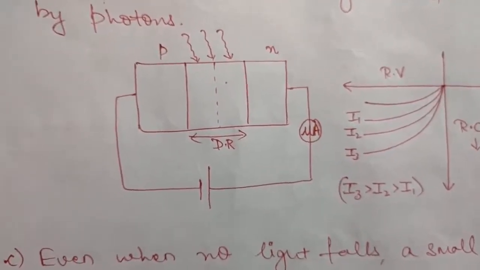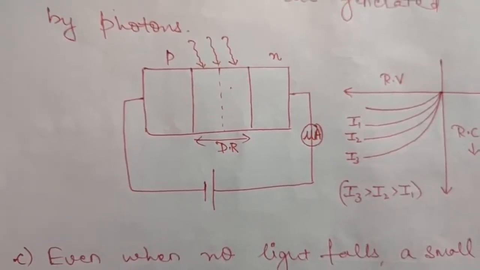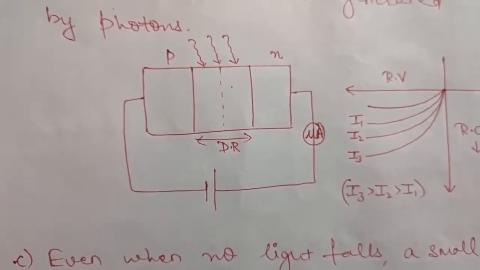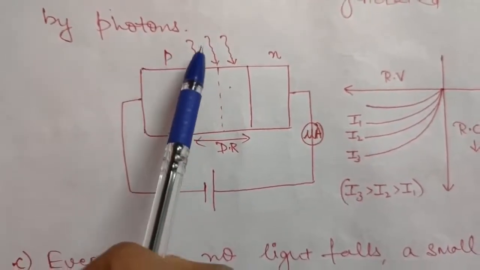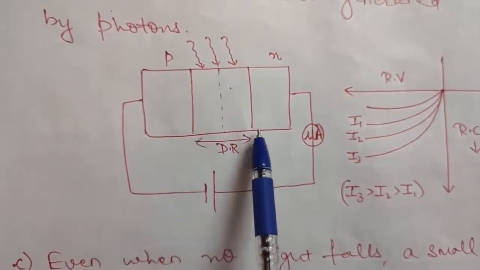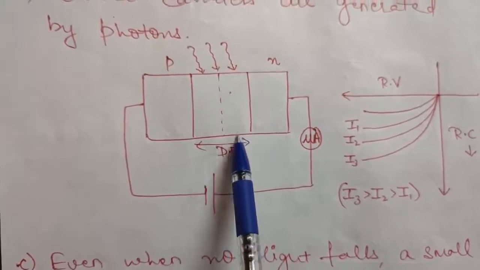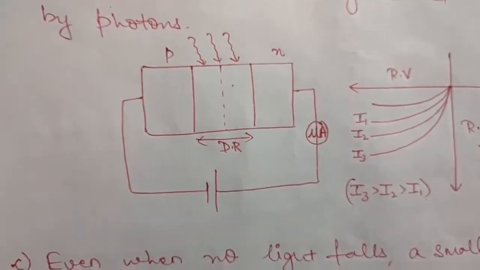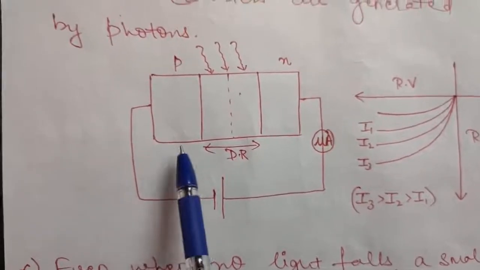As I told you, current carriers will be generated when light falls on it. Light will fall on this depletion region. As soon as light falls on the depletion region, electron hole pairs are created in the depletion region. Okay, but as you know, there cannot be any current carriers in the depletion region.